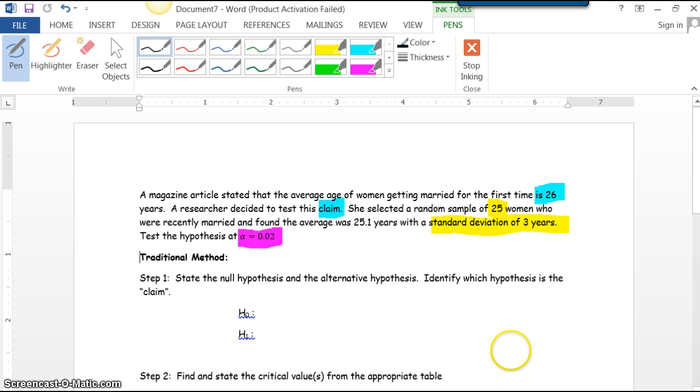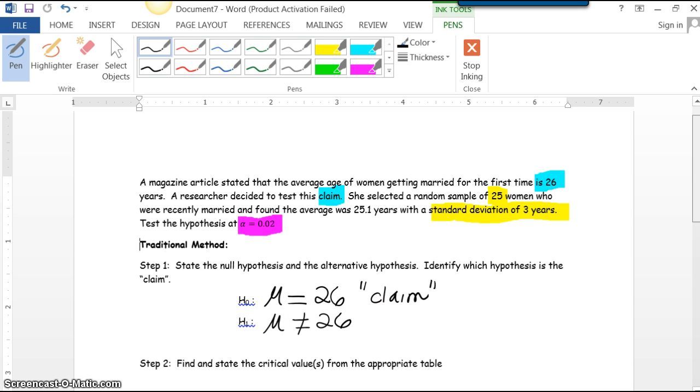So when we go to write our hypotheses, the null always has the equal sign in it. So the mu equals 26 looks like it's the claim, so we'll attach the claim to that. And the alternative would be it's not 26, so we'll use a not equal to sign.